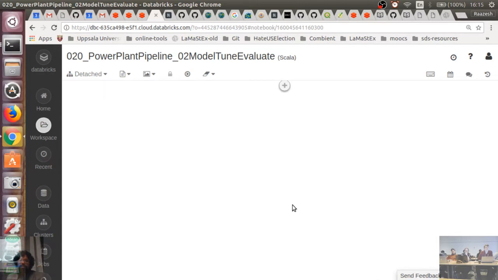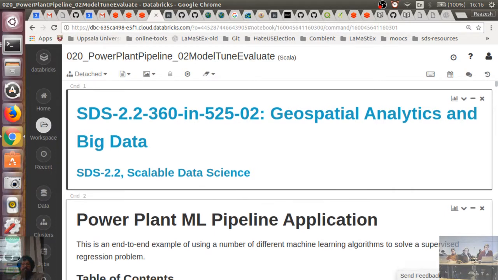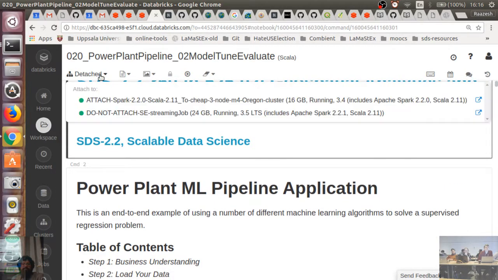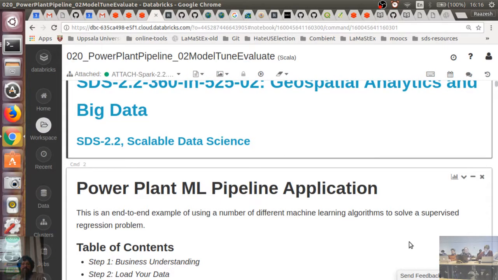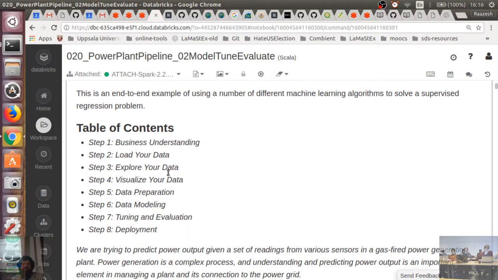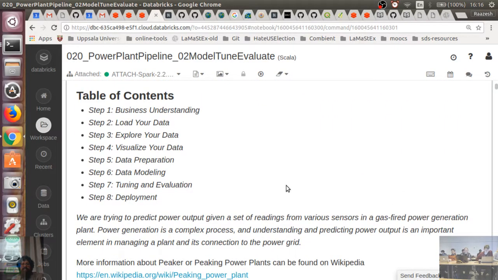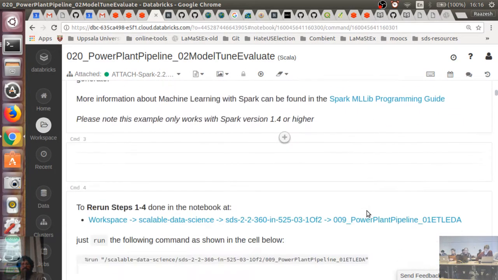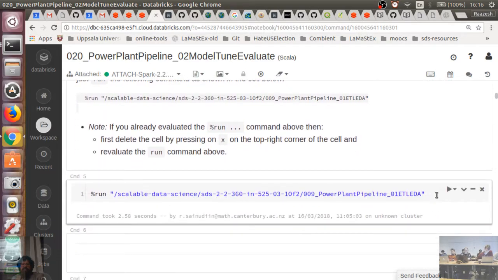So let's get back into the power plant pipeline. I think we'll just be able to cover regression today, I'm afraid. So let's attach this to our cluster. Now we saw these first 4 steps, right? So now let's get into data preparation, data modeling, tuning, and deployment. I hope this just works.